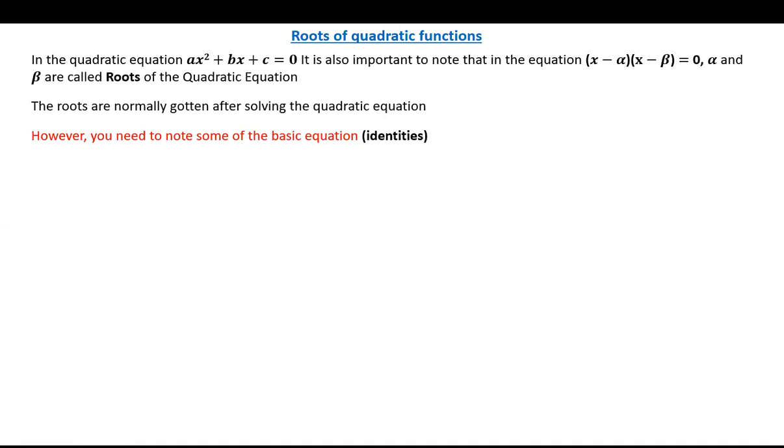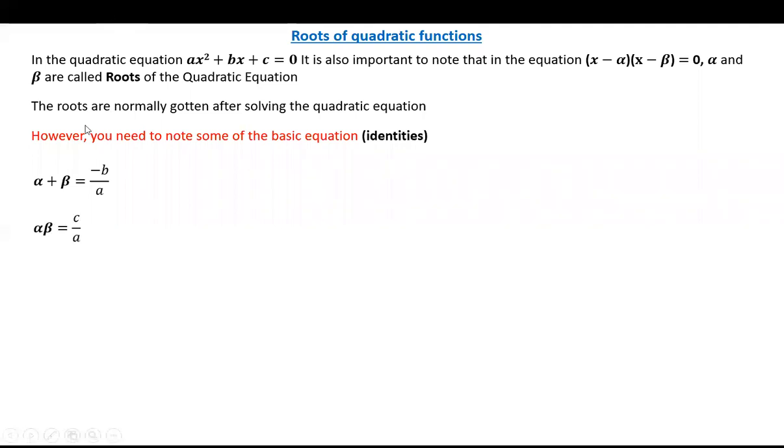However, you need to note some of the basic equations, and these equations are sometimes called identities. The reason why I call them identities is because you just need to master them. But if you want, you can try to factorize this, or try to use the completing the square method, to reach these two equations that I'm talking about.